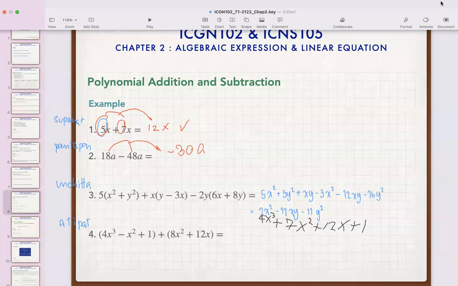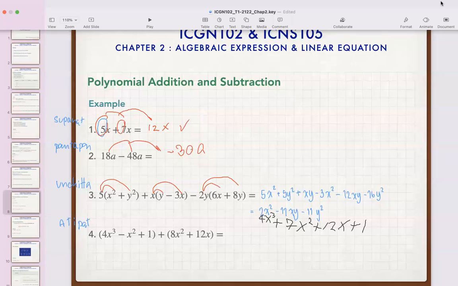The next one: 5 times x squared plus y squared plus xy, minus 3x minus 2y times 6x plus 8y. This one we just distribute the multiplication to the terms inside first. Then we get 5x squared plus 5y squared plus xy, minus 3xy, minus 12xy, minus 16y squared.